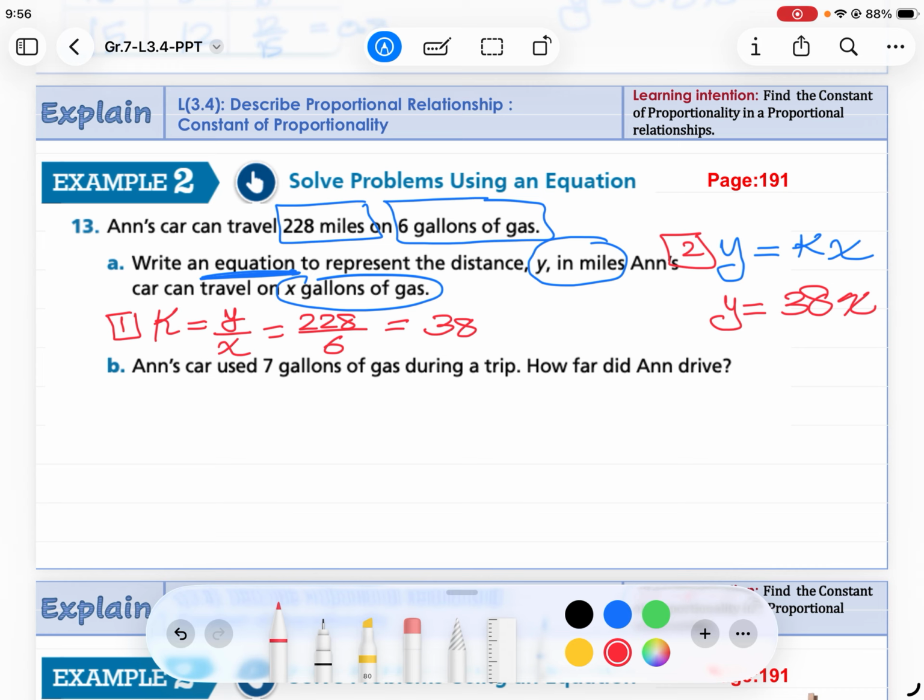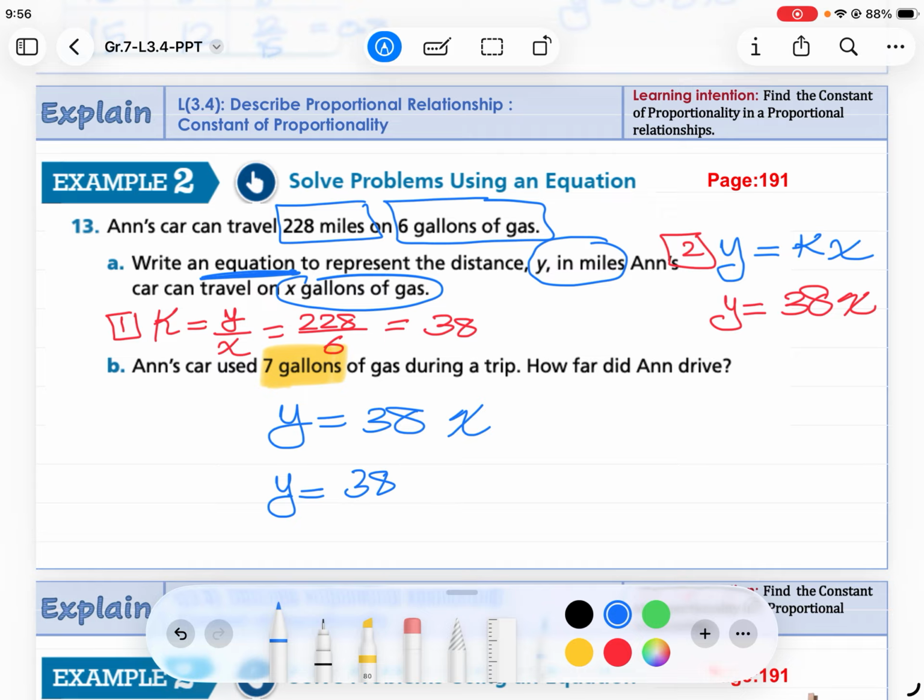This is math. So we know that they gave us 7 gallons. So I'm just going to grab my equation, y equals 38x, and we'll find out how much she drove on 7 gallons of gas by substituting the value of x.